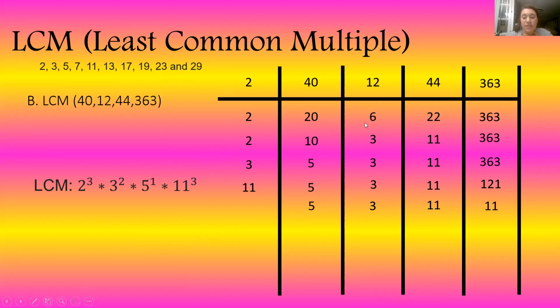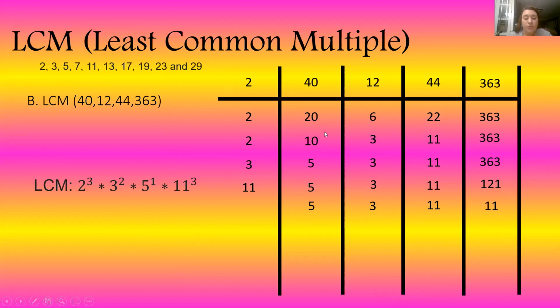So then we continued on down. So 20 divided by 2 gives you 10, 6 divided by 2 gives you 3, 22 divided by 2 gives you 11. So now we see that 2 of our numbers are dropped down as low as they can go in the prime factorization. So we have 3 and 11.